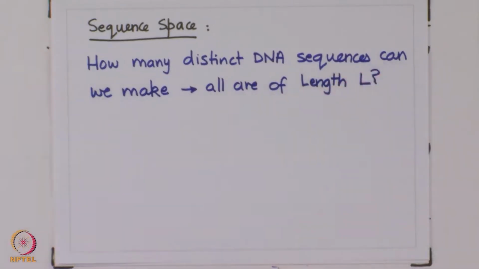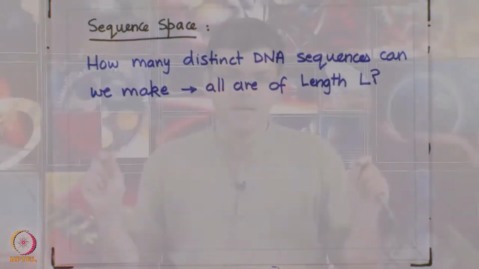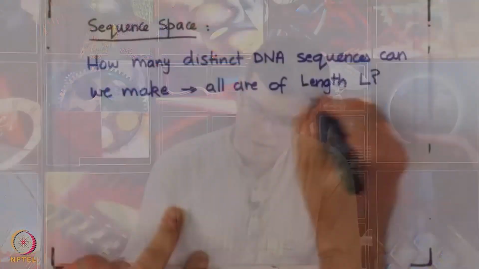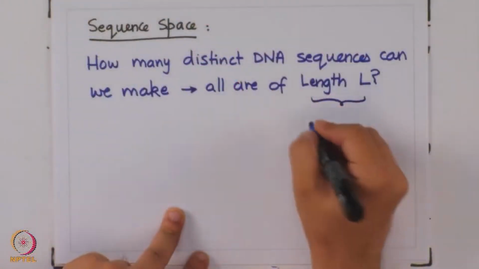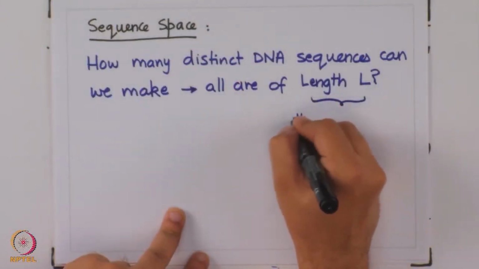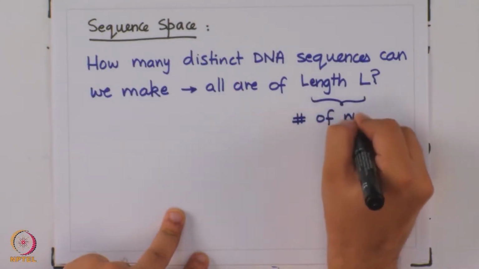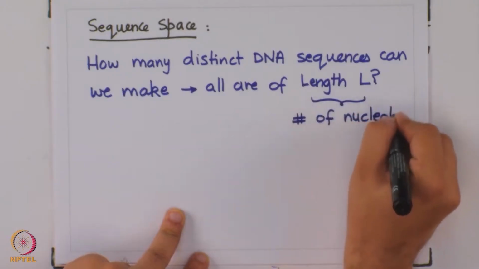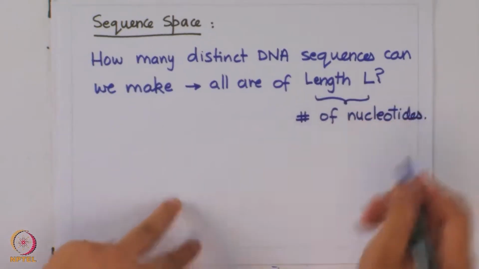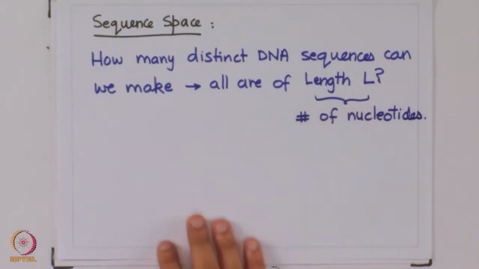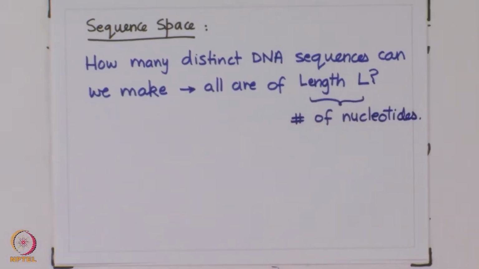So, you are asked to synthesize a linear DNA strand of length L, and when we say length L, this length is typically just represented as the number of nucleotides. So, length is not the conventional length as we think of it, but it is actually just the number of nucleotides associated with that DNA sequence.